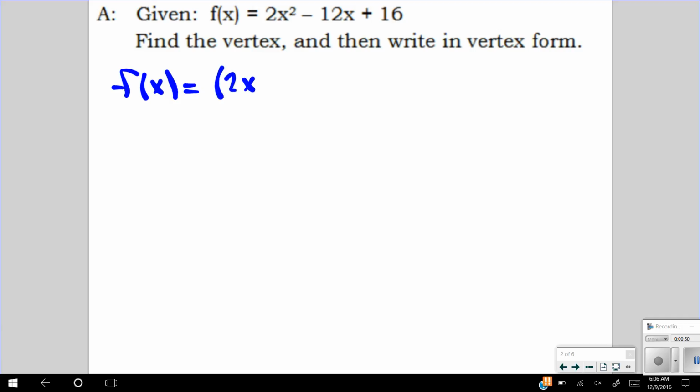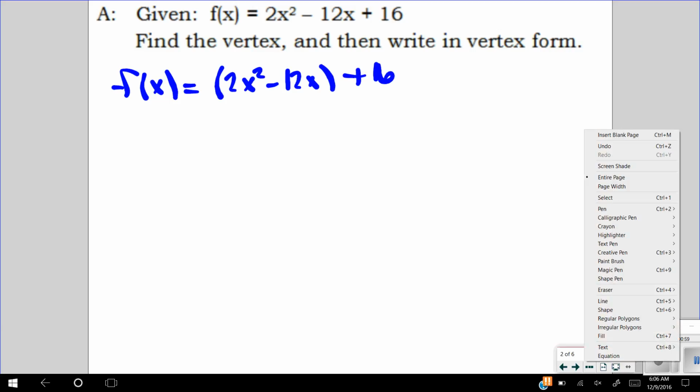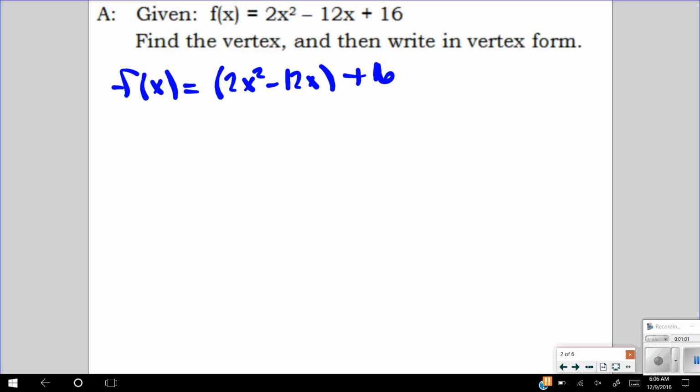So I'm going to group off the first two terms, and then what I'm noticing is that I have a leading coefficient of positive 2, so I need to factor that out and leave a blank for the term that I am going to use to complete the square.